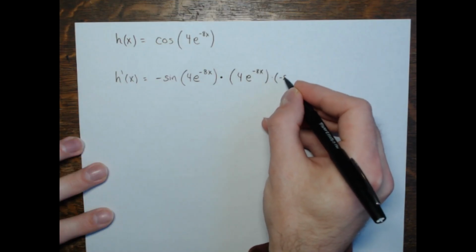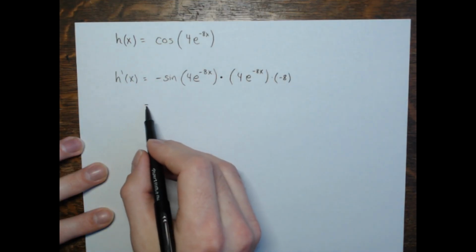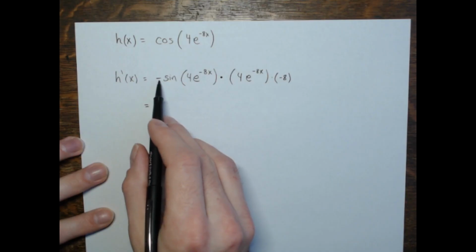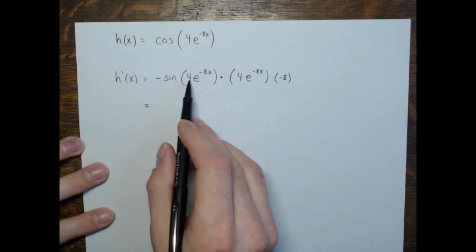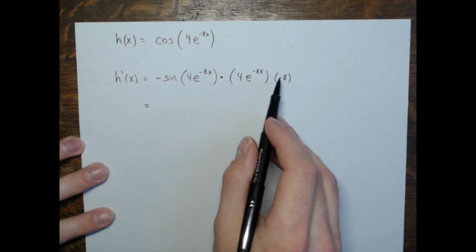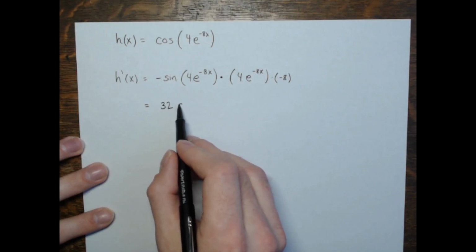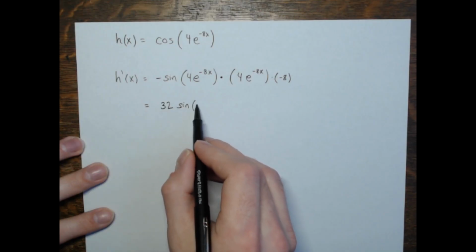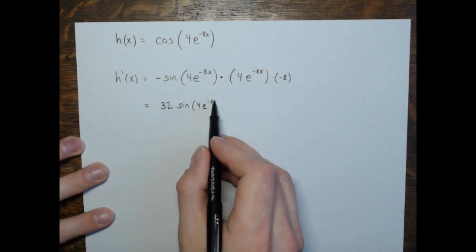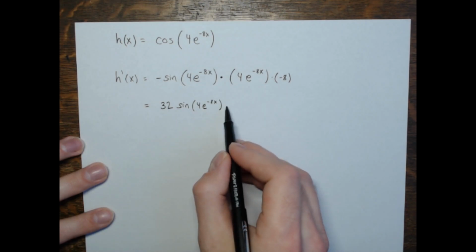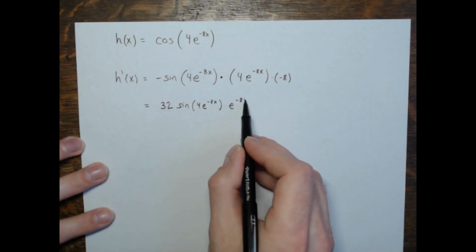The derivative of negative 8x is negative 8. And if you want to put the number factors together, you got negative 1 times 4 times negative 8, that'd be positive 32 for the coefficient. And then times sine of 4 e to the negative 8x times e to the negative 8x.